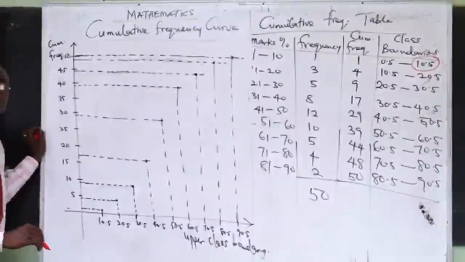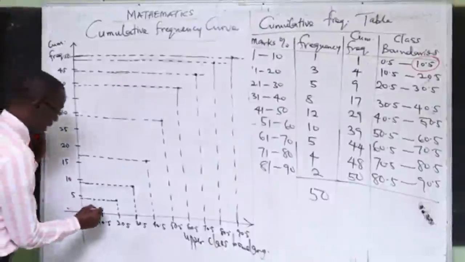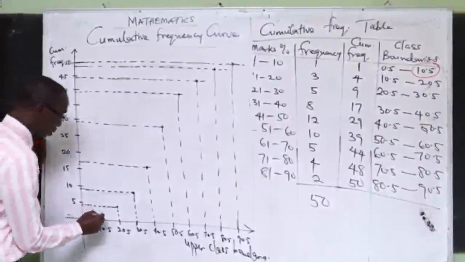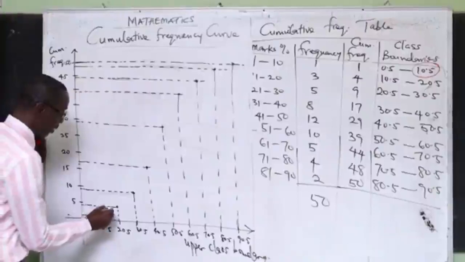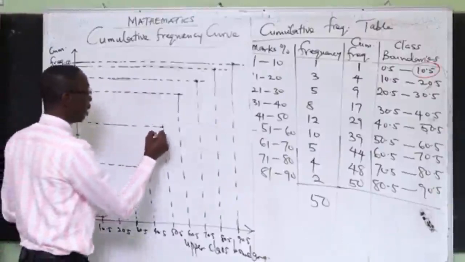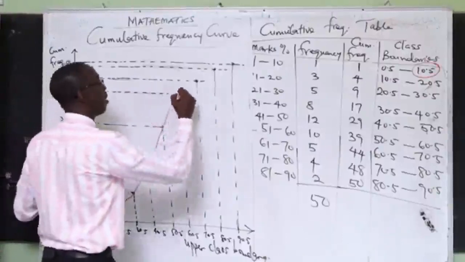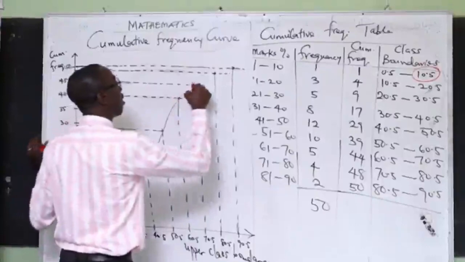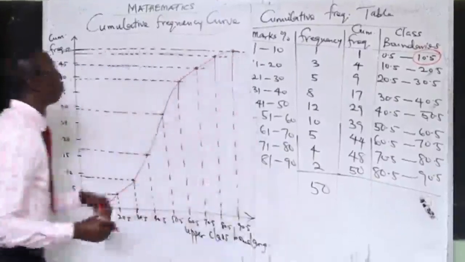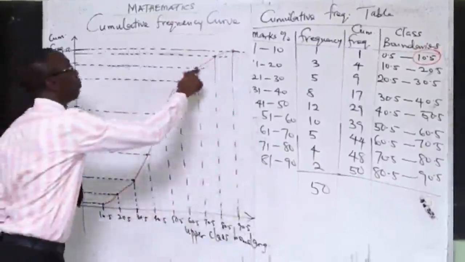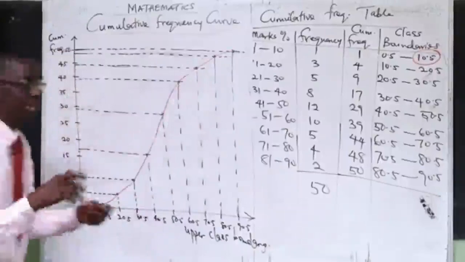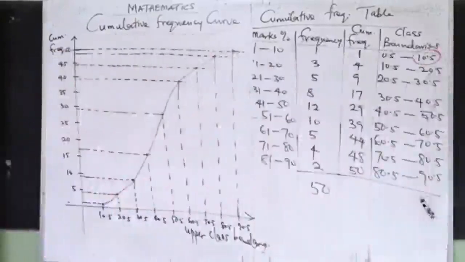You are not using your ruler to join the curve together. And it is from the first point that you are starting your curve, not from any other point. This is the way your curve should look like. You have your curve already.